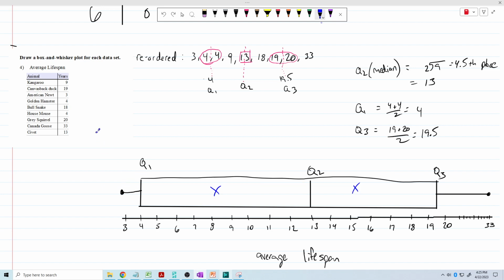Well, when you just do the whiskers, you're just taking basically just the plain old range. So your biggest number and your smallest number, right? 33 and 30. So you put a point at each of the maximum number and the smallest number. So do a point there, do a point there, and then just draw a line to connect them.